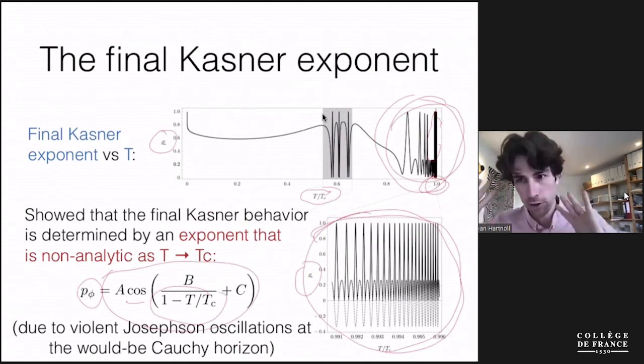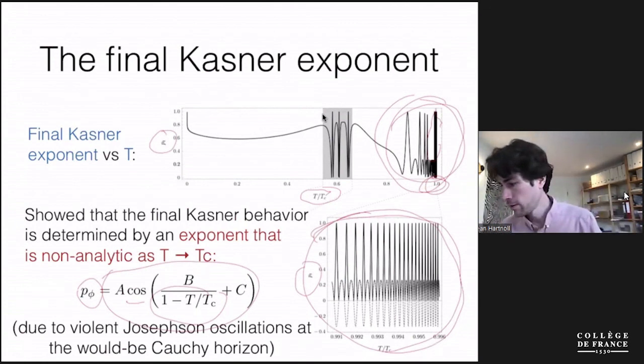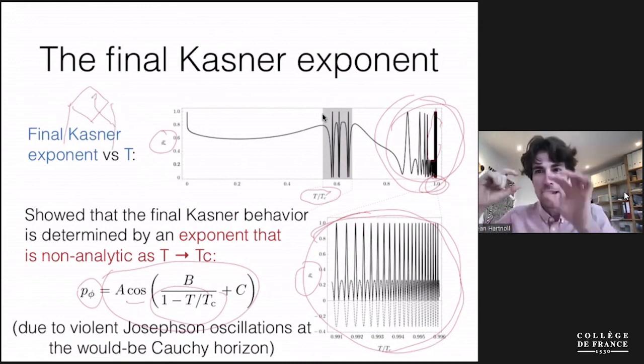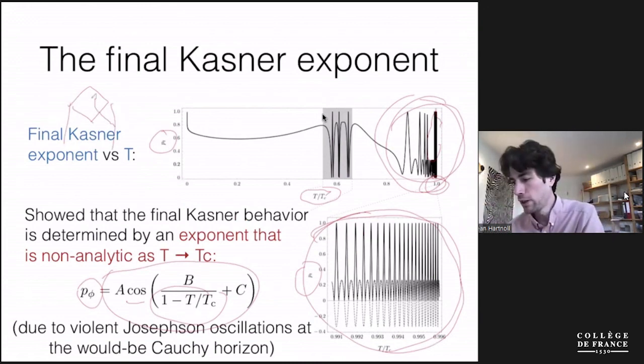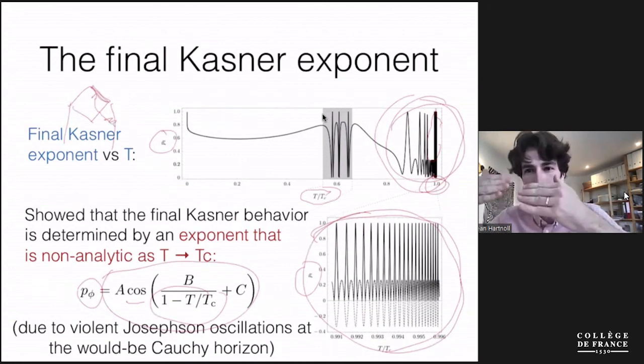Basically what's happening is the following. So you have your horizon, and then there's the Cauchy horizon, right? And so it turns out that as the scalar field becomes very small outside, you get closer and closer to the Cauchy horizon, right? And the closer you get to the Cauchy horizon, the more extreme the oscillations become.